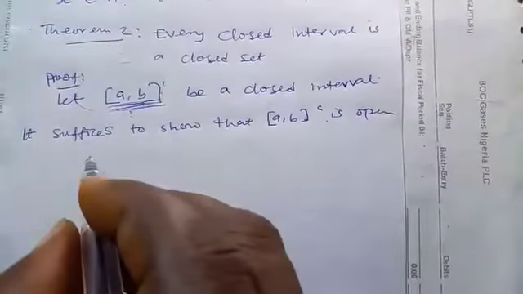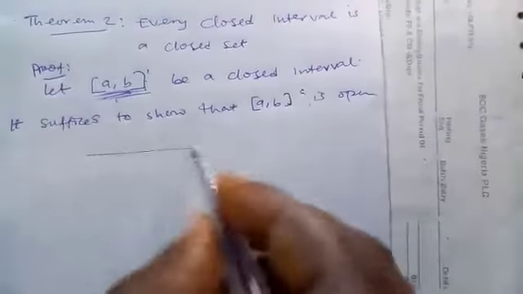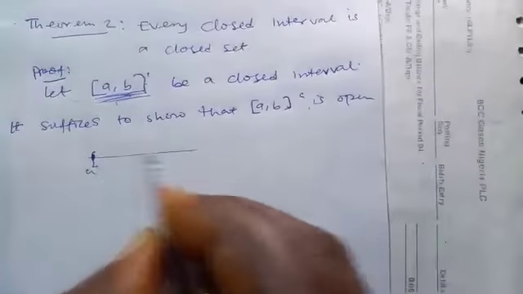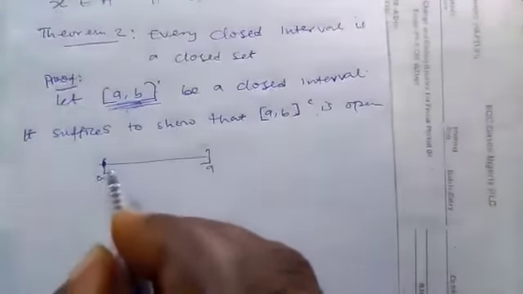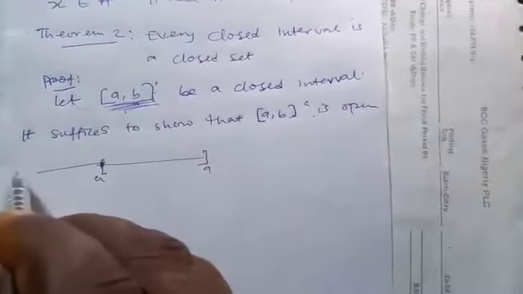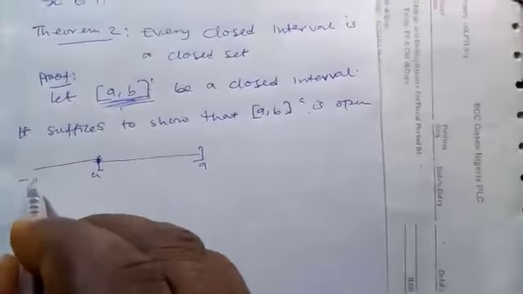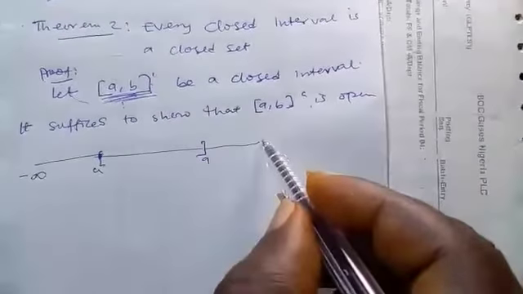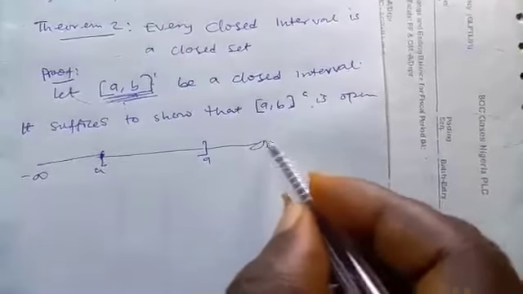Now, let's say this is the closed interval [A, B]. The complement, this is a real line, let's say this is the real line, from minus infinity to infinity here.